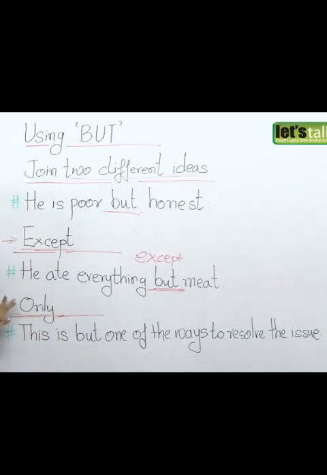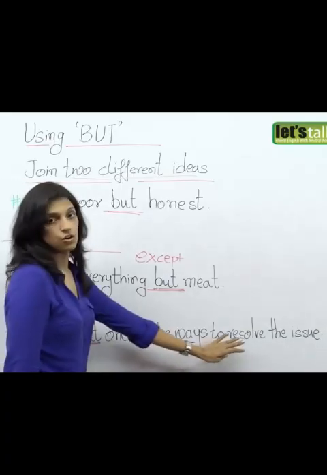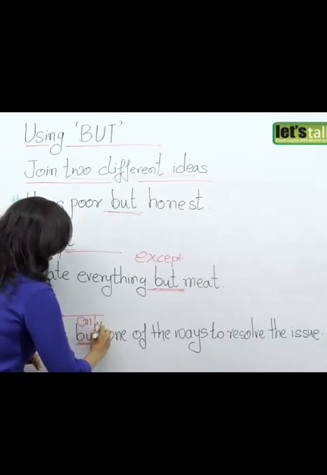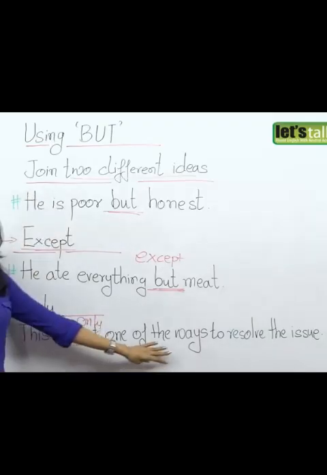Okay? Moving on to the next example, we also use but when you want to say only. Now this is very unusual, but a lot of people do use this when you want to say only. For example, this is but one of the ways to resolve the issue. So this is only one of the ways to resolve the issue.